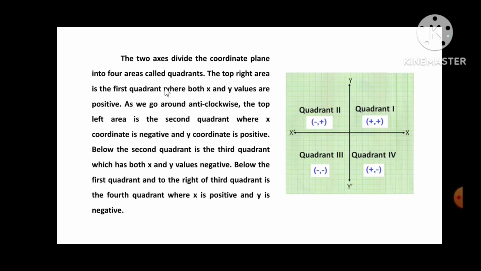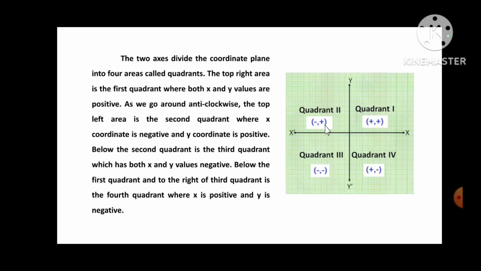The top right area, this one, is the first quadrant, where both x and y values are positive. As we go around in the anti-clockwise direction, the top left area, this one, is called the second quadrant, where the x coordinate is negative and the y coordinate is positive.